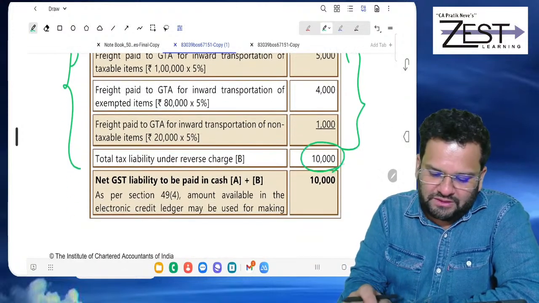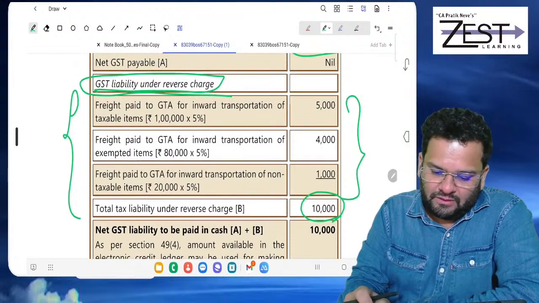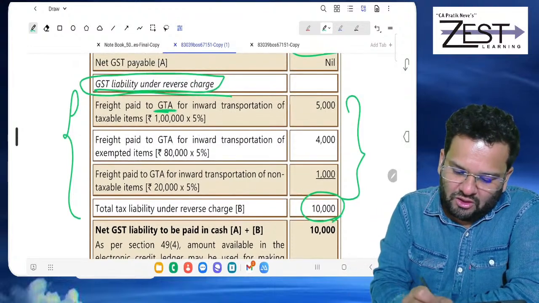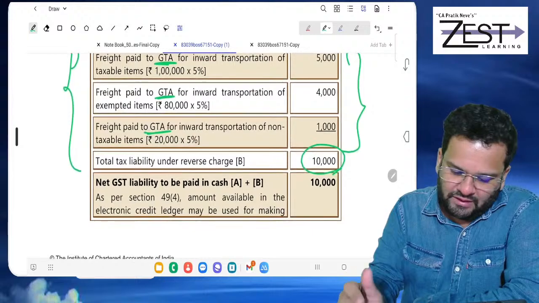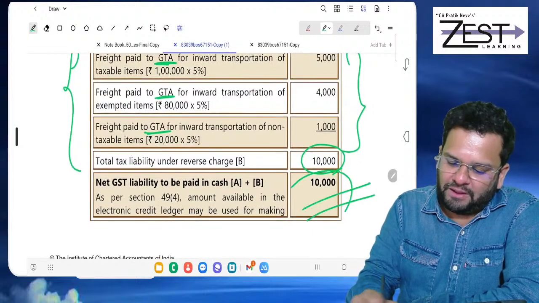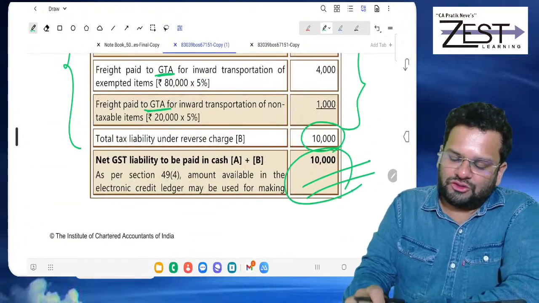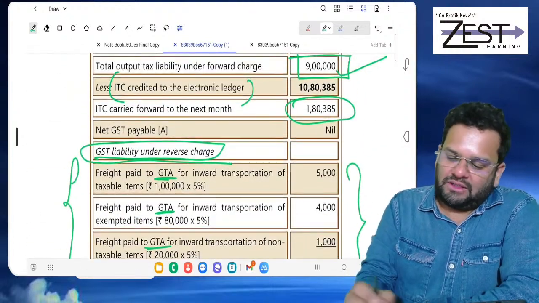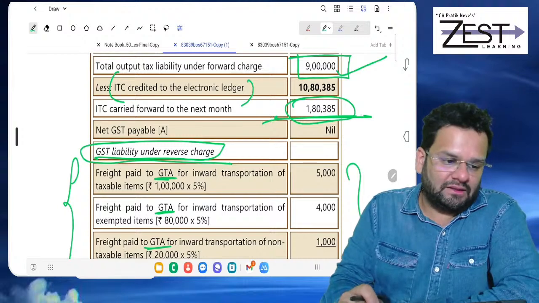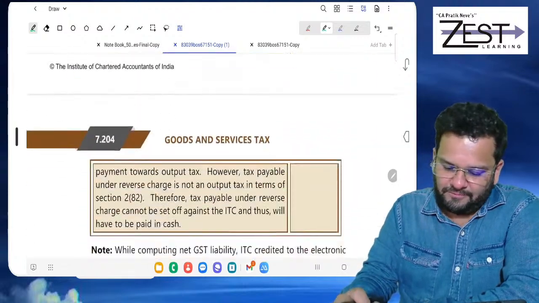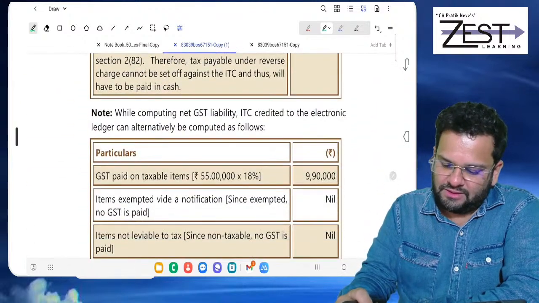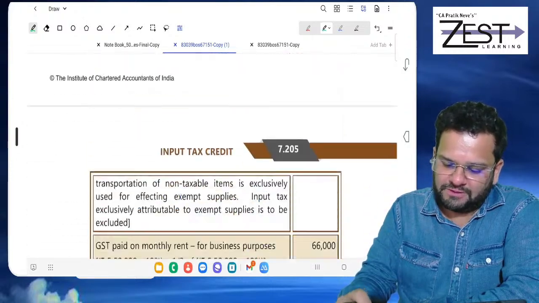That comes to rupees 10,000. Just check for GTA all the three supplies. So net GST liability to be paid in cash will be 10,000 rupees. But of course you can carry forward the ITC of 1,80,385. Did you understand? All of you, 100%.